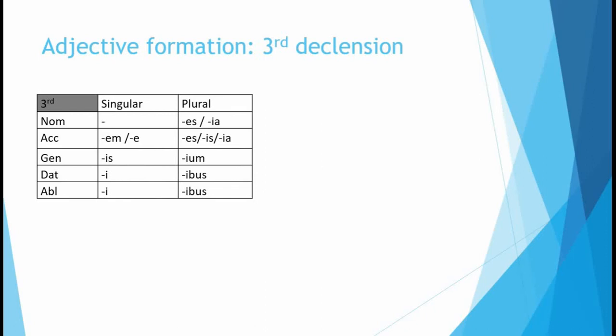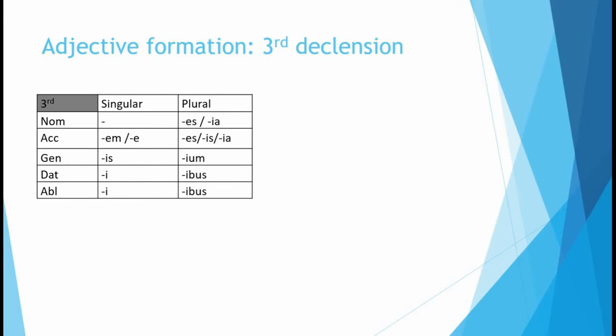Now, I mentioned before that third declension adjectives are our problematic adjectives, and this is true, they are a bit problematic due to the way that they're formed. So they're formed in three different ways, which you don't really need to know. What you just need to be aware of is the endings that third declension adjectives have, okay? So, for example, we can have i endings for the dative and ablative, okay?